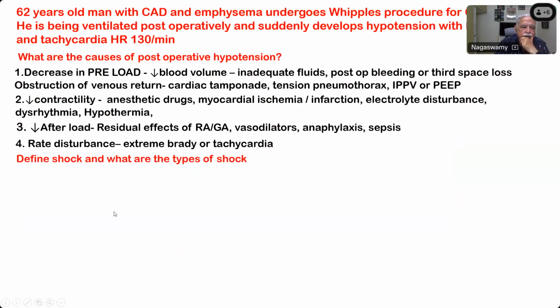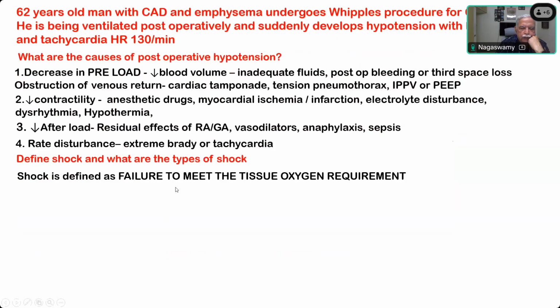Now, define shock. What are the types of shock? Decreased oxygen supply to the tissues, sir. That is the correct term. Shock is defined as failure to meet the tissue oxygen requirement.